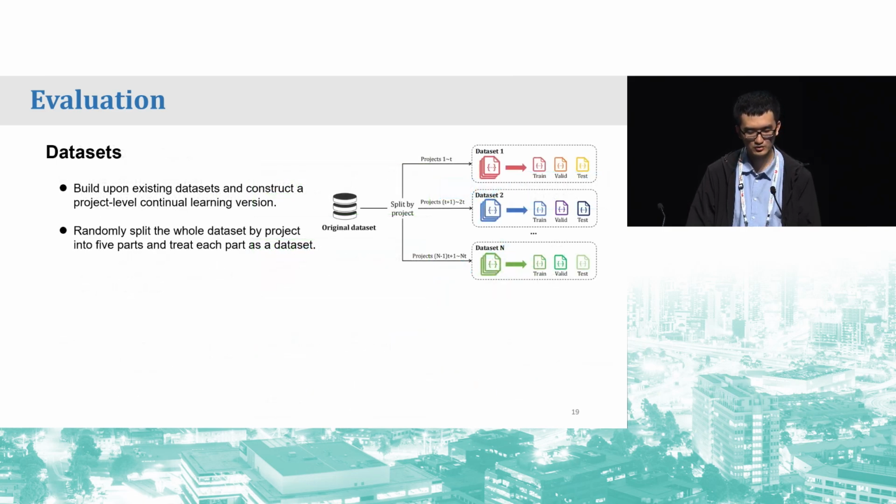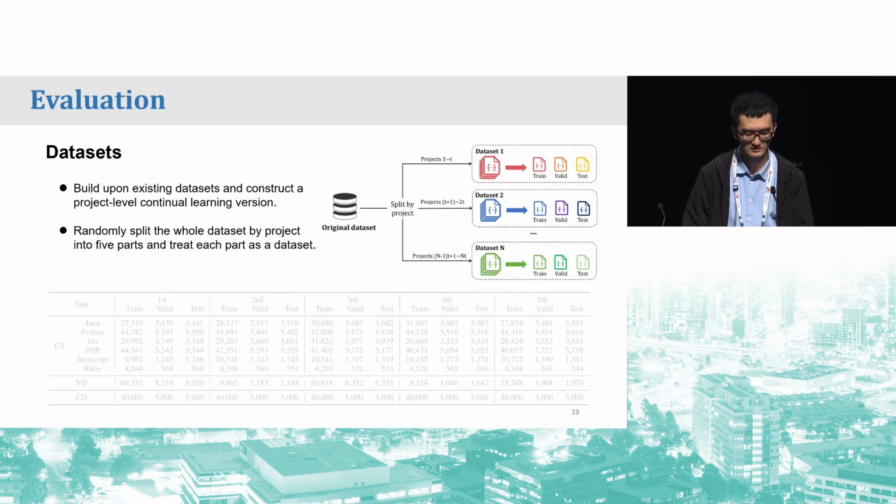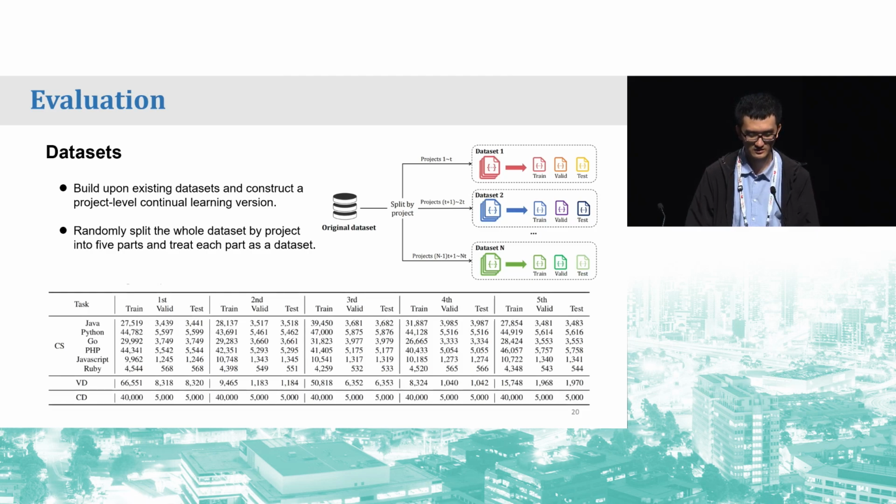For the data, to simulate the continuous learning scenario, we build upon existing datasets that contain project information and construct a project-level continuous learning version for them. Specifically, we randomly split the whole datasets by project into 5 parts and treat each part as a new individual dataset. The statistics of the data are shown in this table.